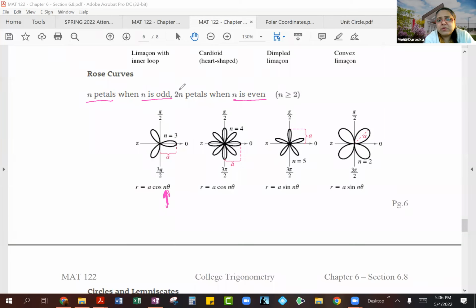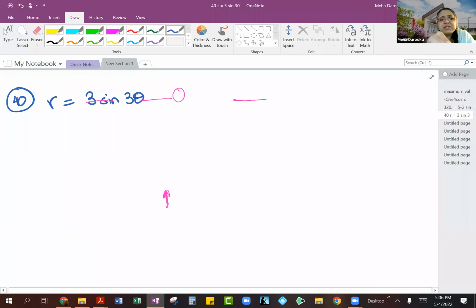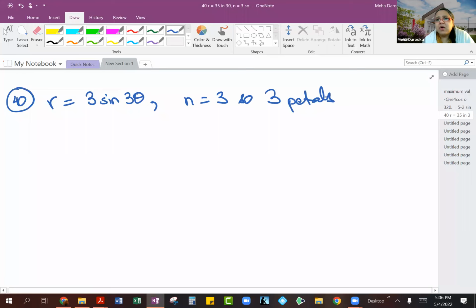If the n value is even, multiply that number with 2. So our n value in this example is 3. So since n is 3, our rose curve will have 3 petals as part of it.